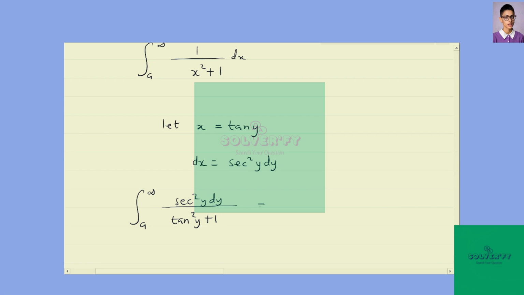That gives us a to infinity, sec squared y. tan squared y plus 1 gives us sec squared y, all over sec squared y dy. So this will cancel out that.